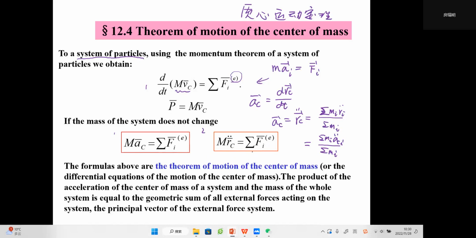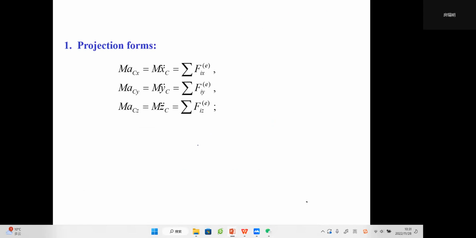And second, if we know all the external forces acting on the system, we can determine the system's motion information, right? So you will find this theorem is quite useful. It's very useful for us to do some analysis.